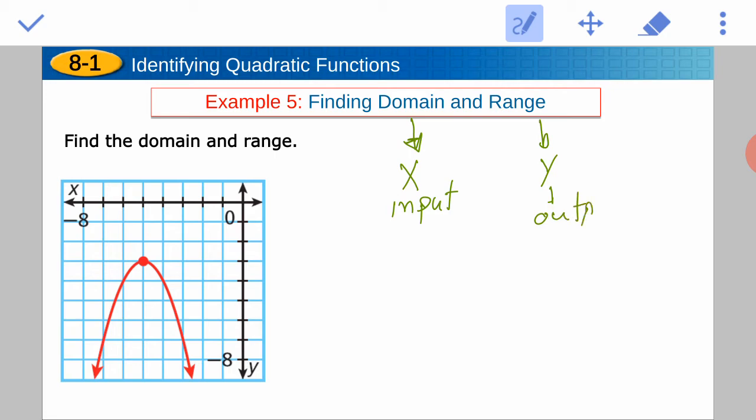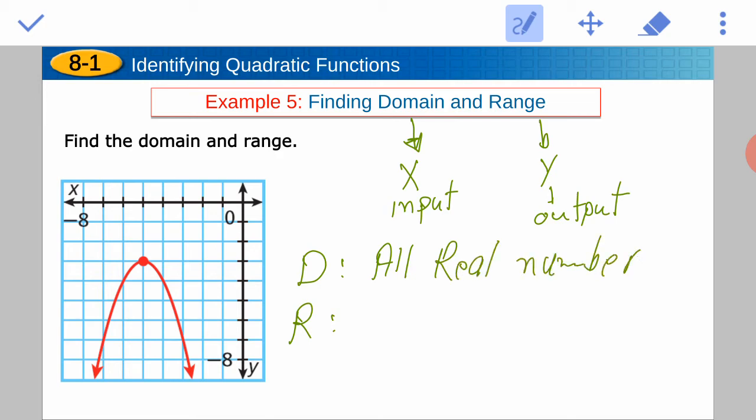We normally use capital D when we talk about the domain, and capital R when we talk about the range. The domain of any quadratic function is always all real numbers.